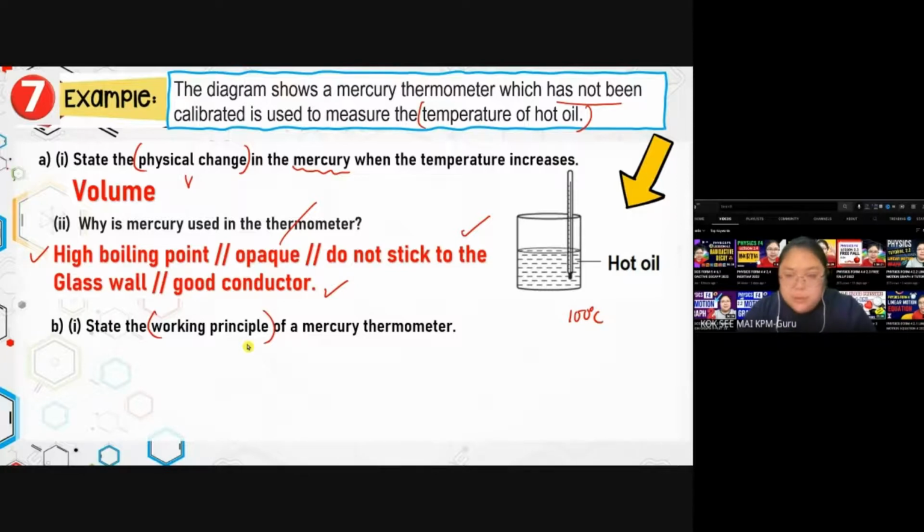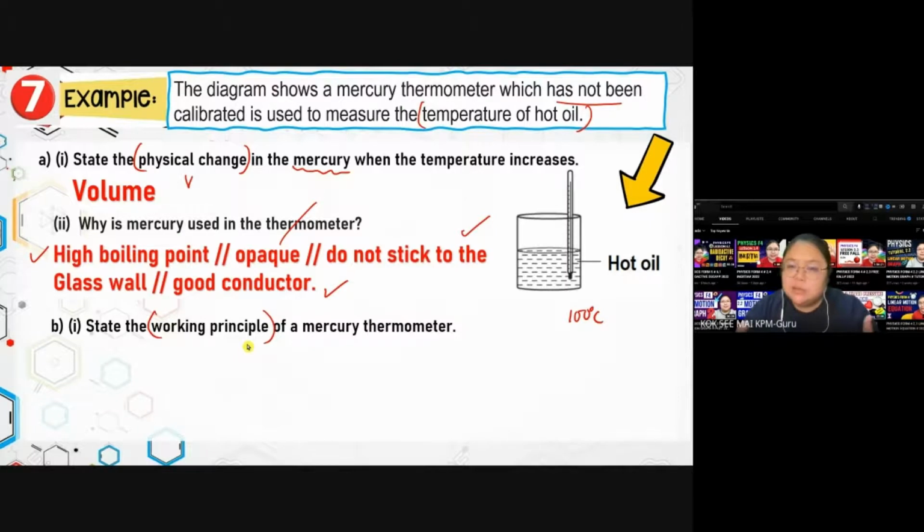Remember the principle from the heat, the first topic we learned. For the thermometer, how do I know the temperature? Sure, the mercury needs to expand. How do we make the mercury expand? Two objects must be in contact. If there is no contact, how can the mercury expand?